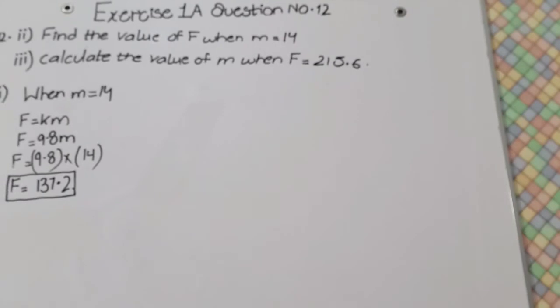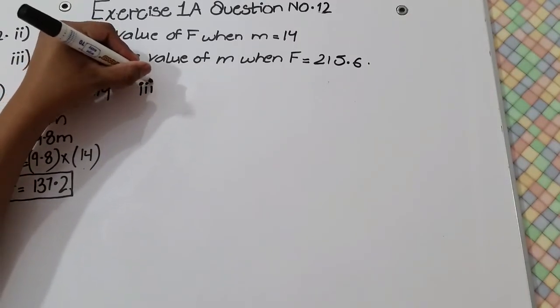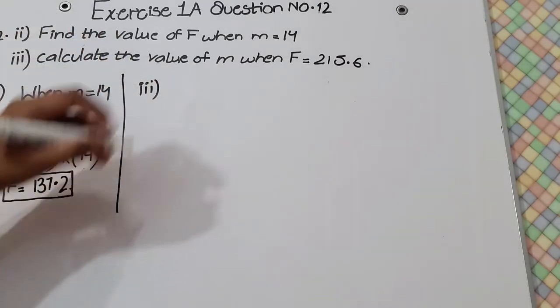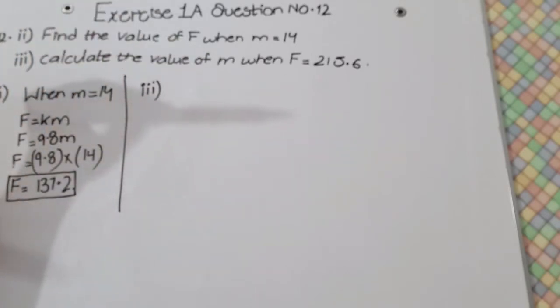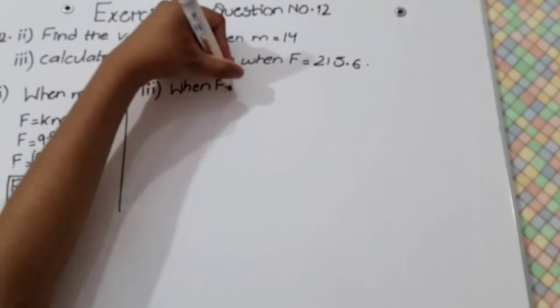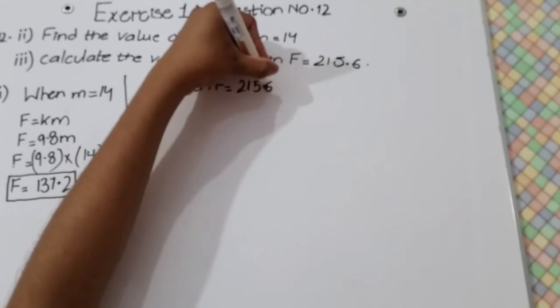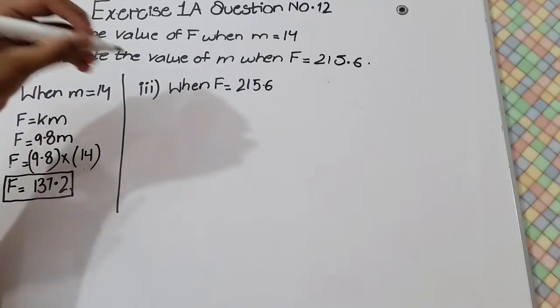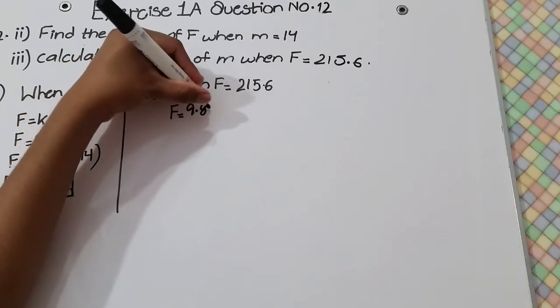For part 3, calculate the value of m when F is equal to 215.6. So when F is equal to 215.6, our formula was F is equal to Km.